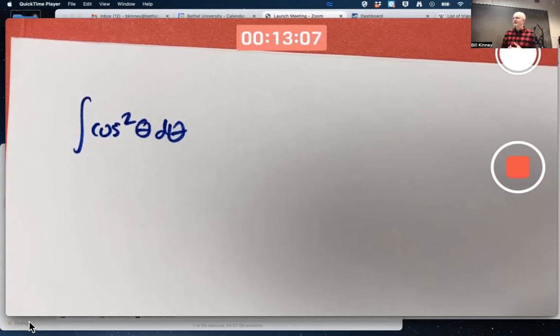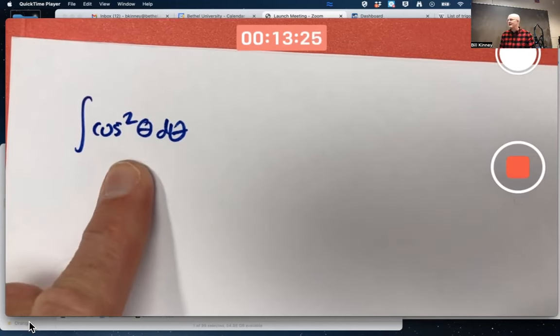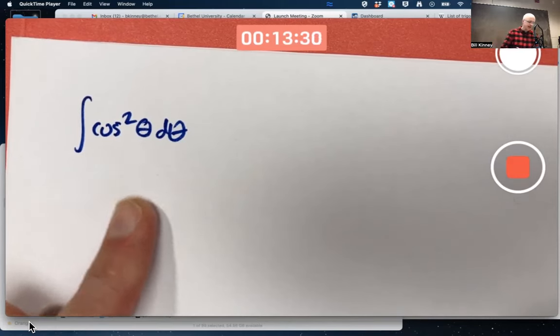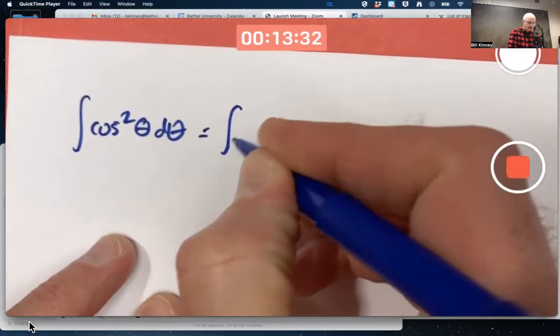In multivariable calculus, when you're doing double and triple integrals, yikes, no, they're fun. You can use different coordinate systems like polar coordinates and spherical coordinates, if you've ever heard of those. That makes the integrals actually simpler, though when you do so, you often end up integrating things like this. So it is a useful thing to know how to integrate this.